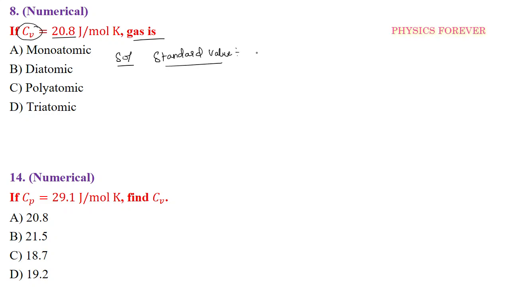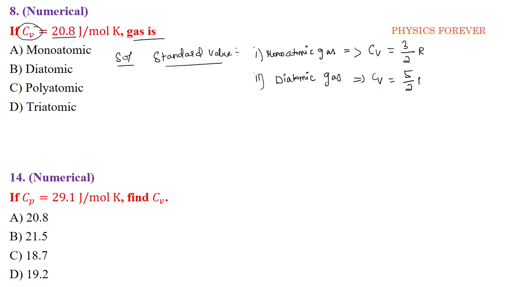The standard value for monoatomic gases: the specific heat at constant volume Cv is equal to 3/2 R. For diatomic gases, the specific heat capacity at constant volume is 5/2 R. Similarly for polyatomic gases.